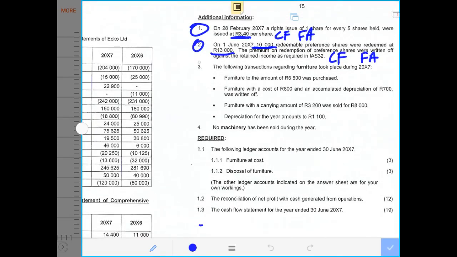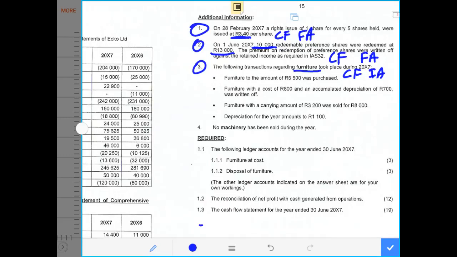Then number 3 says that the following transactions regarding furniture took place during the year 2007. We know that furniture is a property, plant, and equipment item. So number 3 will be cash flow from investing activities. All the entries under number 3, because they are with regard to furniture, will go under cash flow from investing activities.